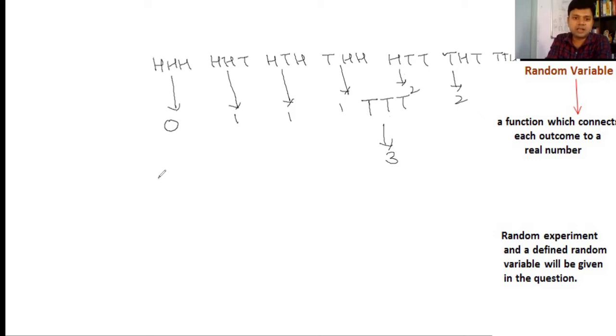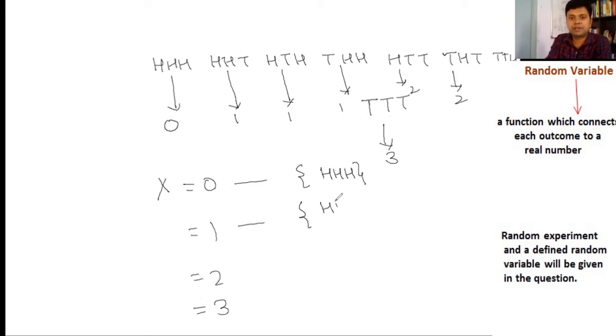So here I can see the random variable X can take values 0, 1, 2, 3. For 0, what are the outcomes which have X equal to 0? It is HHH. For 1, it is HHT, HTH, THH.